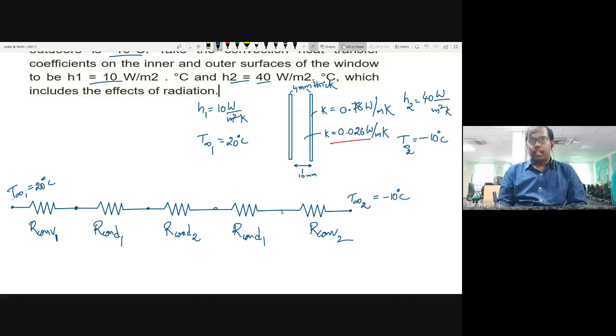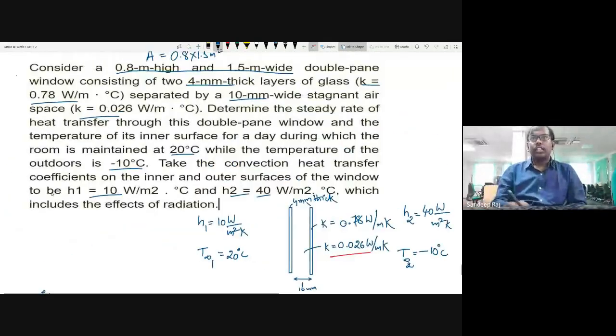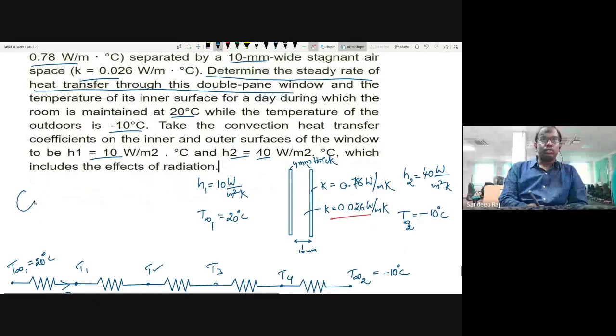You can name them as per your convenience: T1, T2, T3, and T4. And the heat transfer direction is this one. This is Q. Got it? Now, he's asking you to determine the steady rate of heat transfer through this double pane window. So you have to find out what is Q.